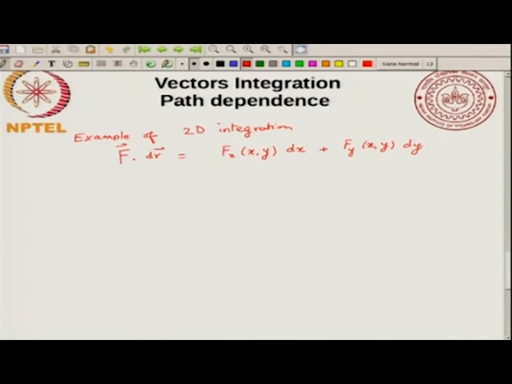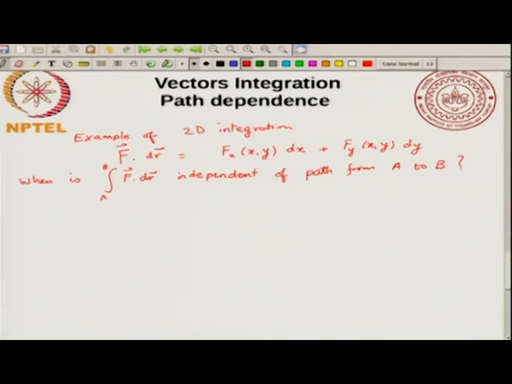Now you want to ask a question: when is the integral from A to B of F dot dr independent of path from A to B?